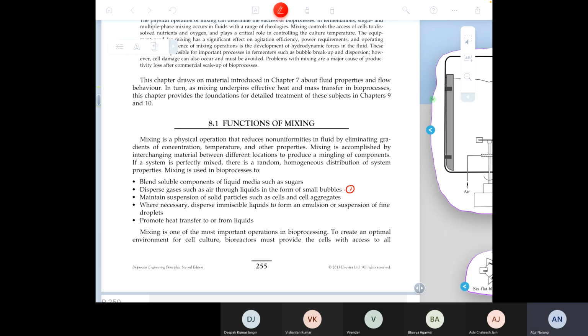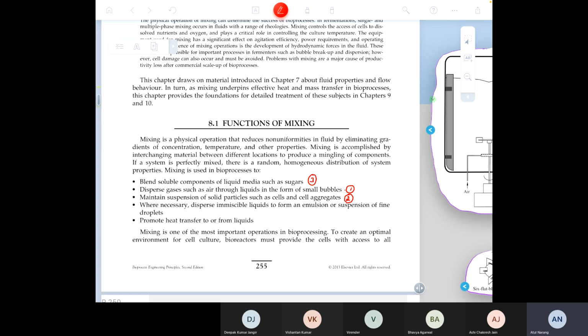The second goal is to maintain the cells fully suspended inside the reactor. The third thing that we'll be doing is to keep the liquid phase itself well mixed. Let me repeat that. The first idea is to keep the gas fully dispersed in the form of fine bubbles throughout the volume of the reactor.